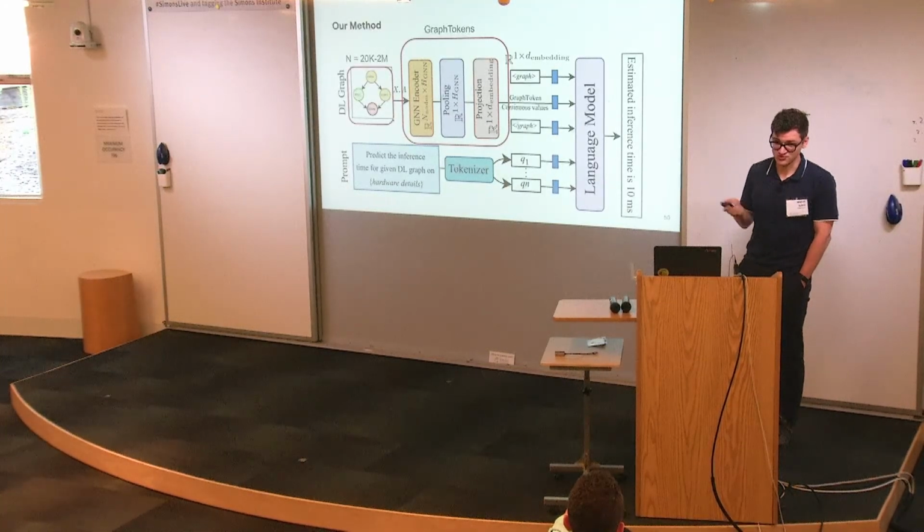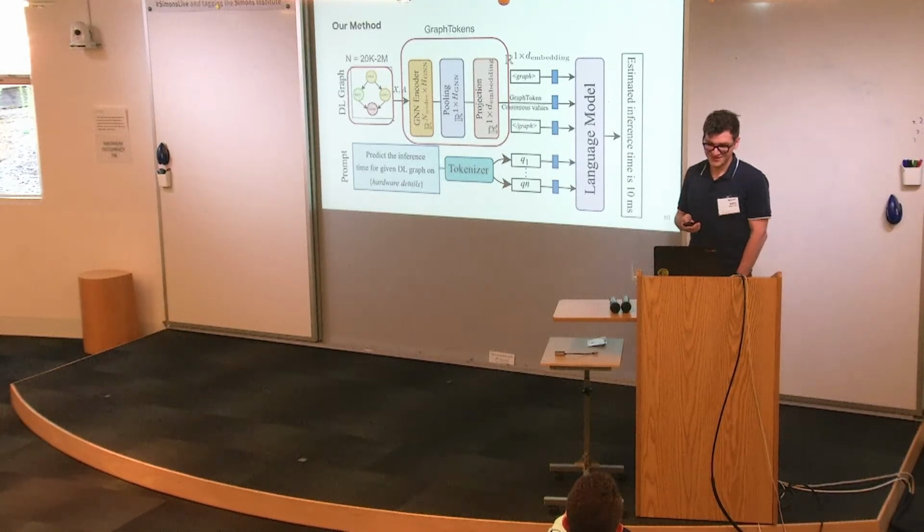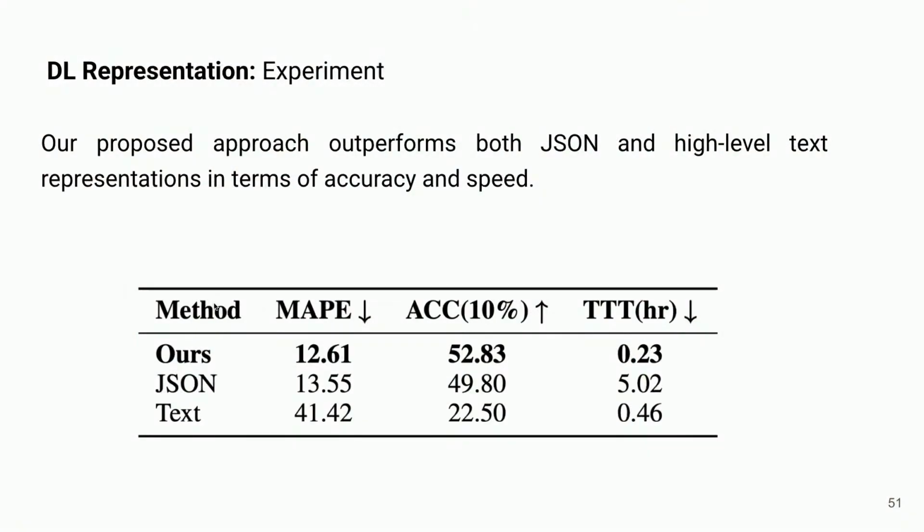And with a bunch of soft tokens, you can compress quite a lot of content there. Some initial experiments say it's an efficient representation method. It's better than expressing things in some structured or unstructured formats. And we can reliably, to the extent, predict the performance of those kernels already.